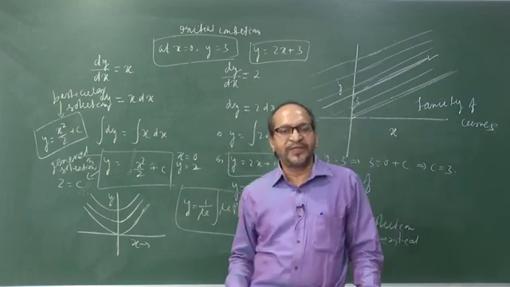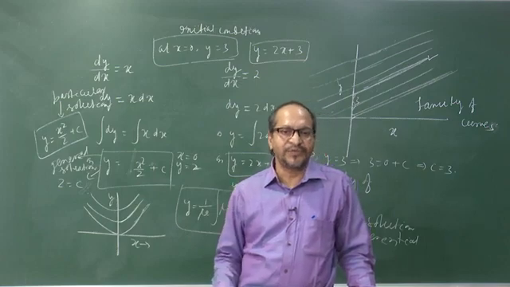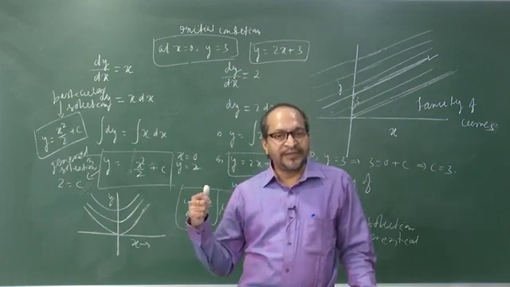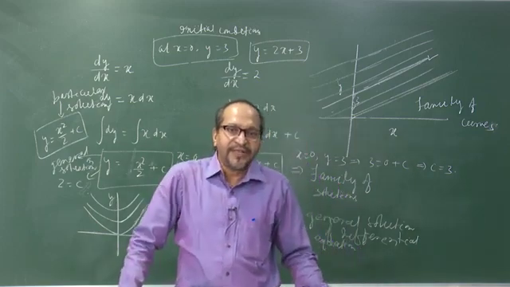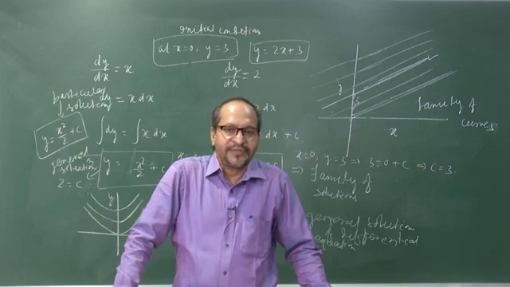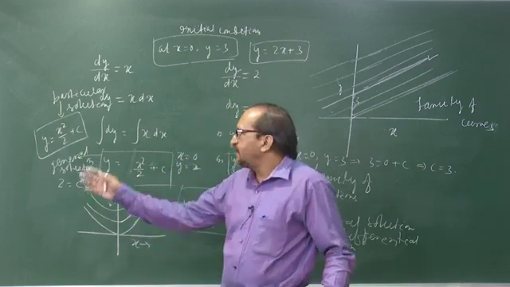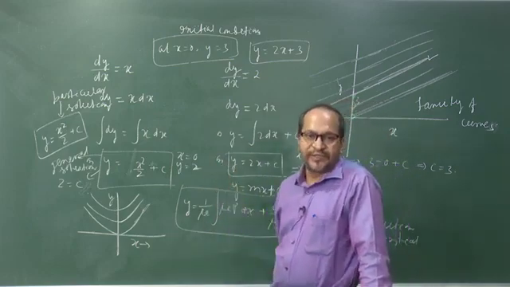If the function involves more than one variable, then the exact derivatives will be replaced by partial derivatives, and in that case the equation is called a partial differential equation. So, all these equations we have discussed till now are ordinary differential equations.